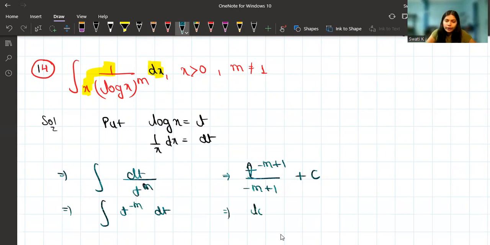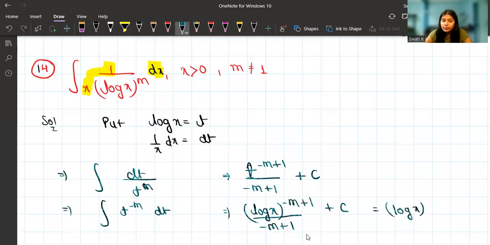So log x raised to minus m plus 1 upon minus m plus 1 plus c. That is the answer. If you want, you can simplify it by writing the minus term later on. You can write log x raised to 1 minus m, which is the same as this, upon 1 minus m, plus c. That is it. We are done with the solution.